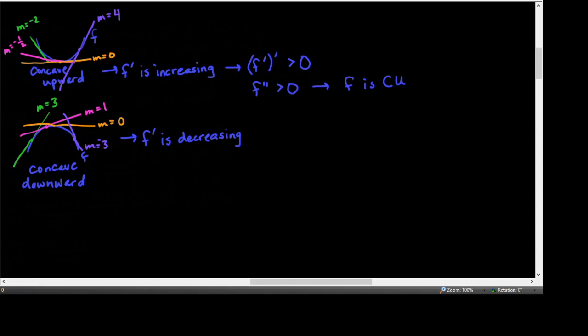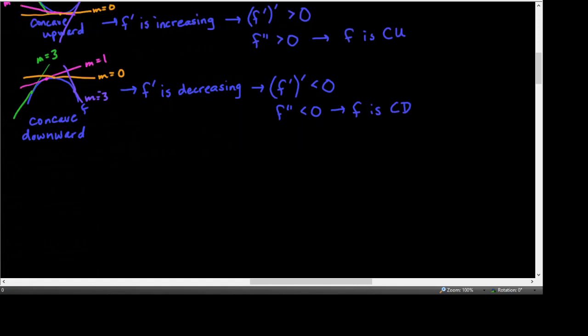And for a function to decrease, its derivative, its first derivative, must be negative, which means that the second derivative function must be negative, and when it is, f will be concave downward. And that's the abbreviation we'll use for concave downward. Okay.